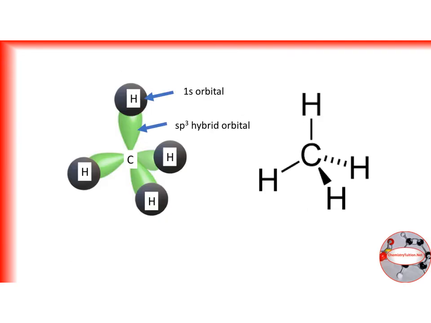So we can now explain why methane has a tetrahedral shape. It's because your sp3 hybrid orbitals are in the shape of a tetrahedron, and then your four hydrogen 1s orbitals come and bond with those hybrid orbitals to give you your methane molecule.